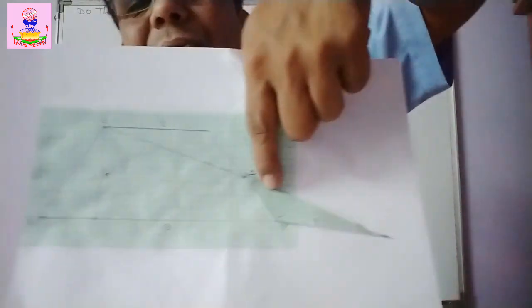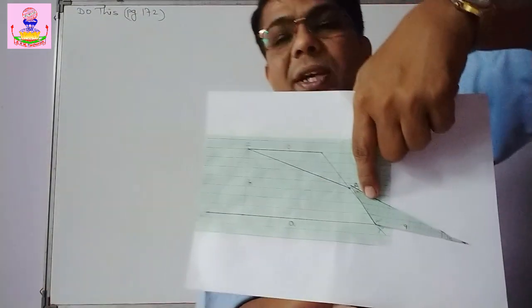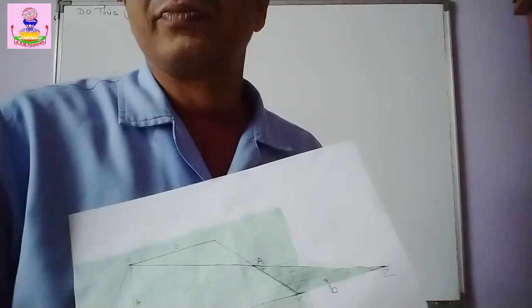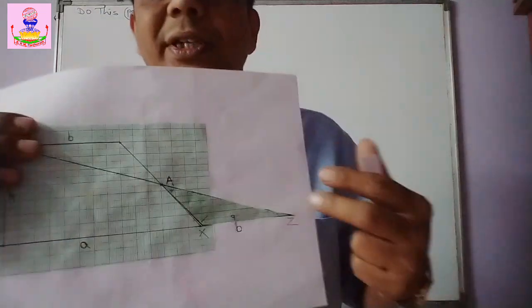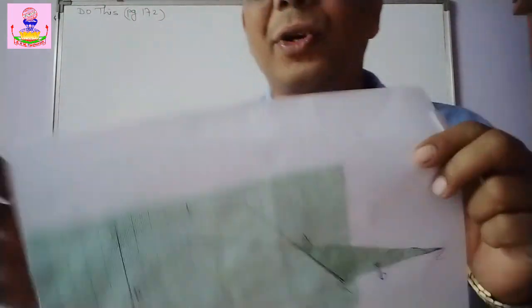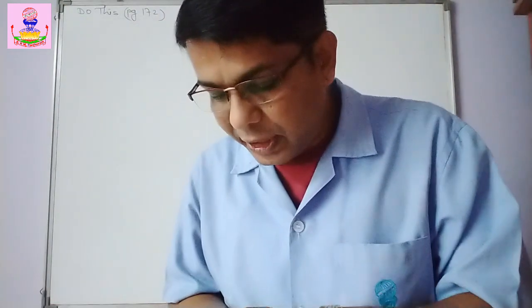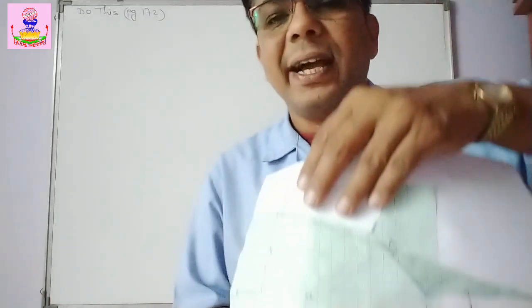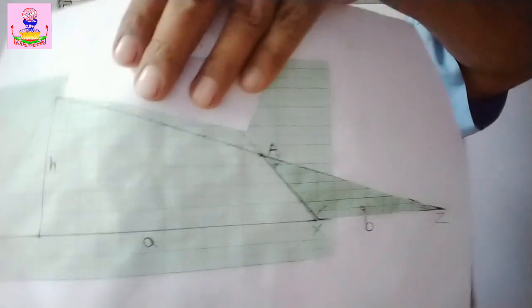And see then which figure you get. I have pasted this cut part here. Now to understand what figure we have got, I am just holding a white piece of paper over the part here and see what you get.